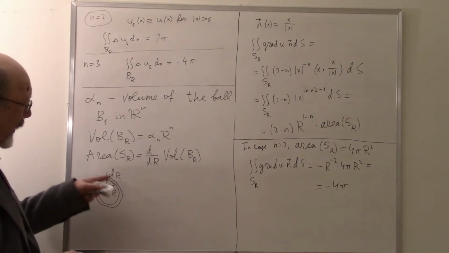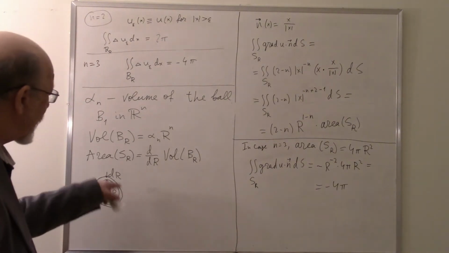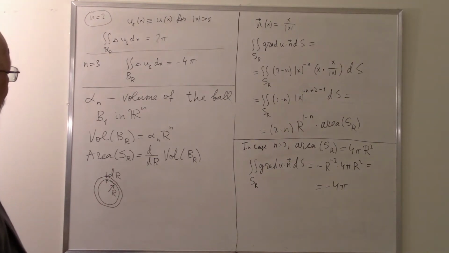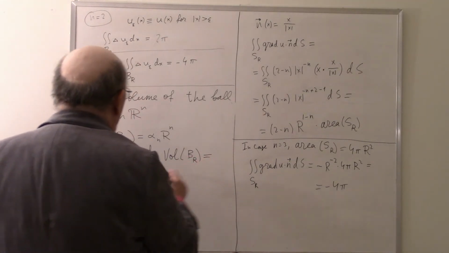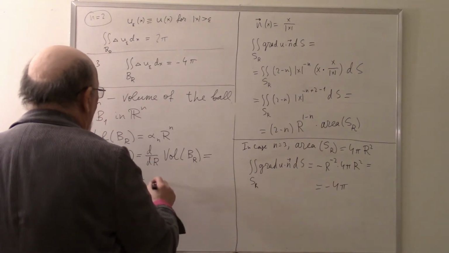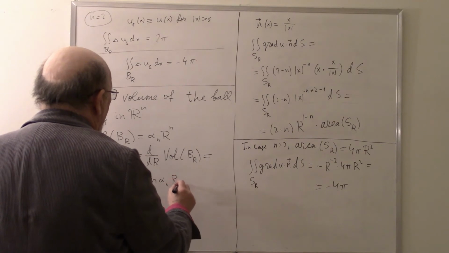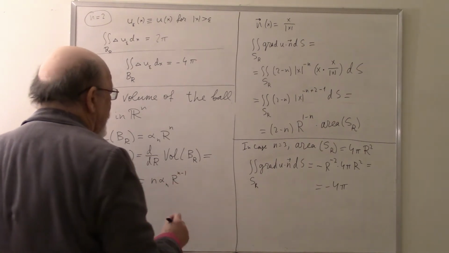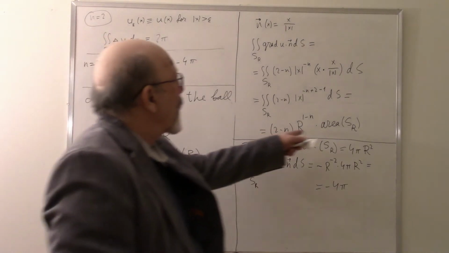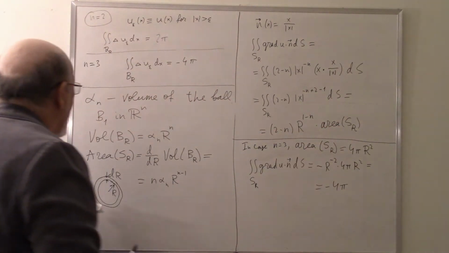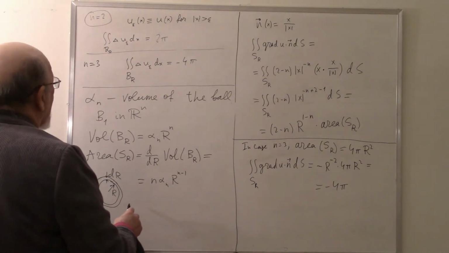Look at this like a watermelon, and this is its shell. So d/dr of the volume of B_r is n α_n r^(n−1). So we have a general formula.